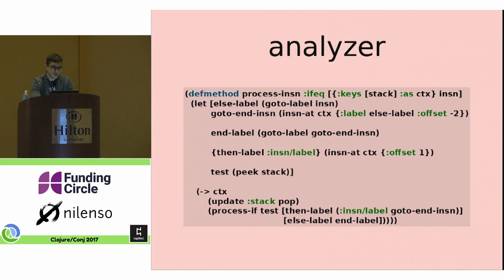Another example is this IFEQ processing instruction. In this case, all that we do is collect the offsets in the bytecode that map to the true branch and the false branch. The test case is going to be the value on top of the stack.